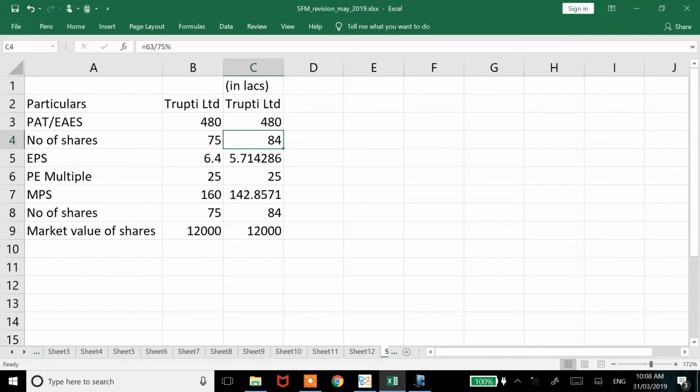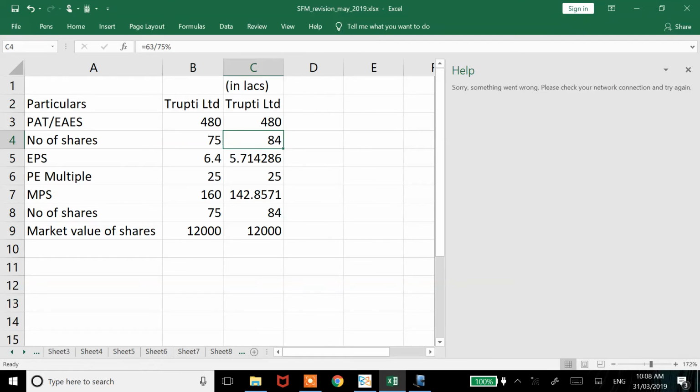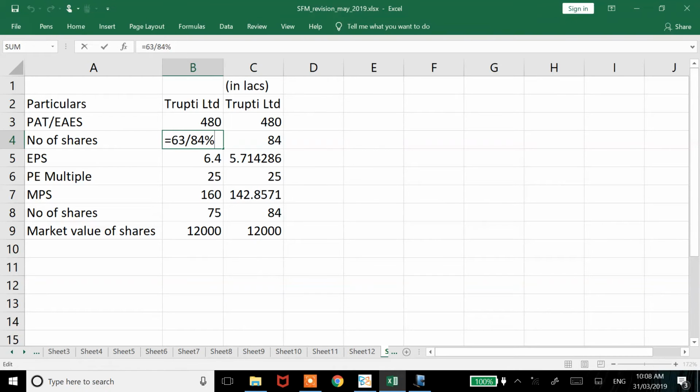Earlier it was 63 by 84%, now it has become divided by 75. 63 lakh by 84%, 63 lakh by 75%.